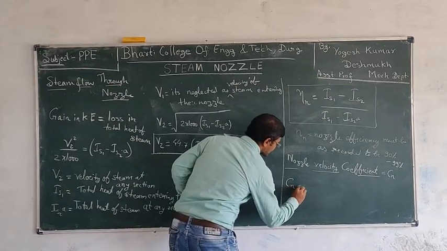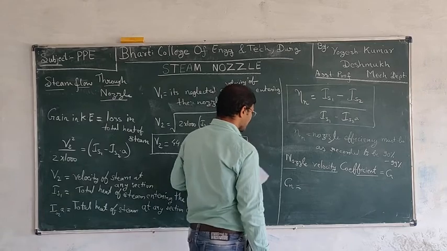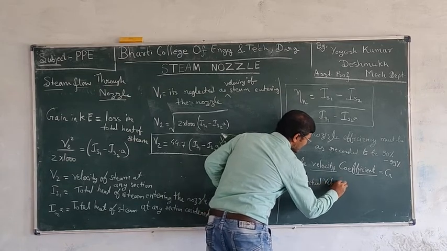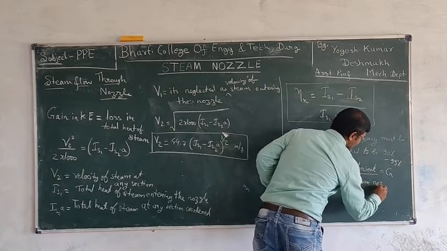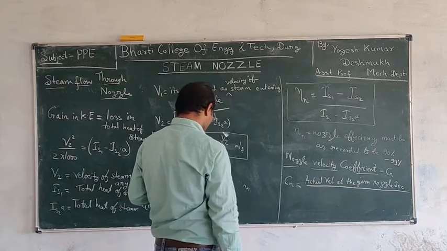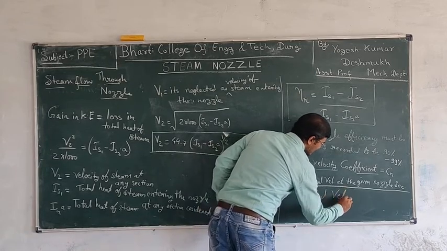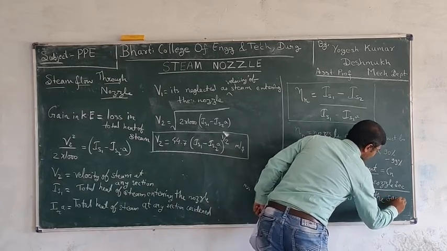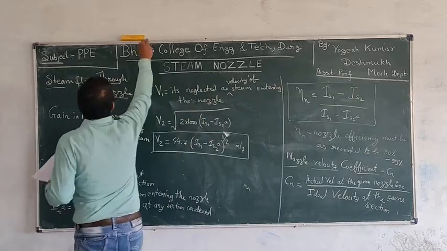Cn is defined as the actual velocity at the given nozzle section upon the ideal velocity at the same section.